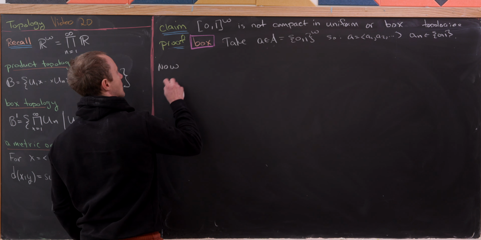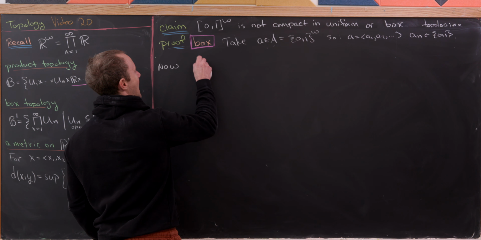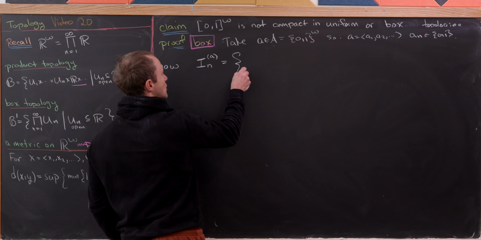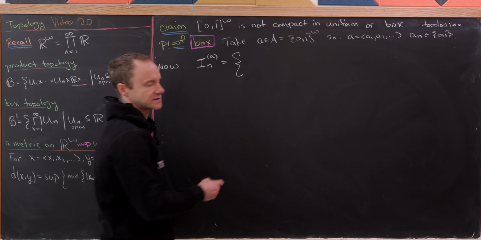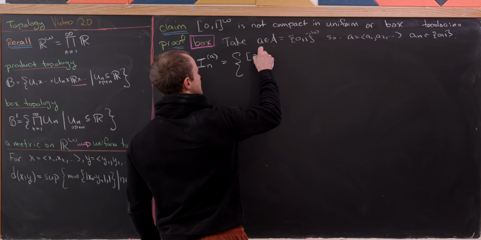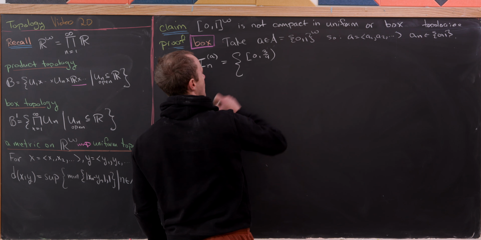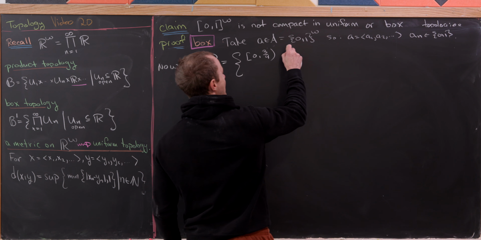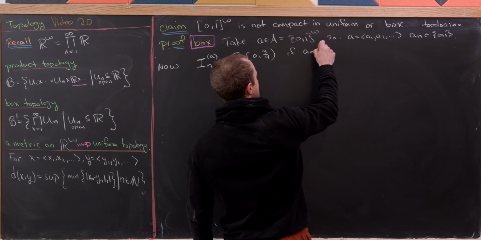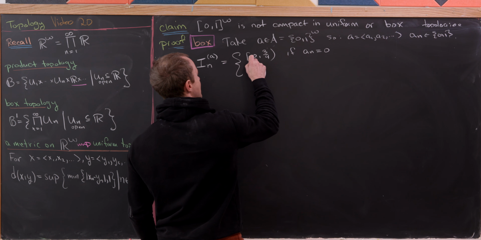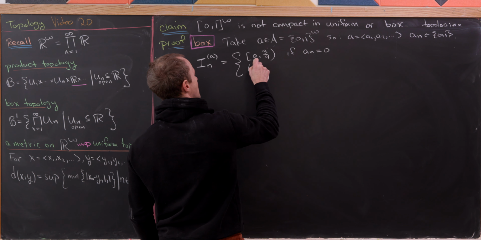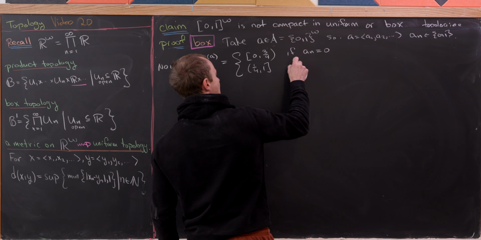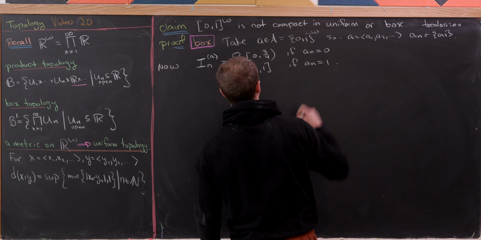So now let's set I sub n upper A equal to one of the following intervals. This is either the interval from 0 to 3/4, including 0 but not including 3/4, and that's going to be if a_n is equal to 0, and then it's going to be the interval from 1/4 to 1, including 1 but not 1/4, if a_n is equal to 1.